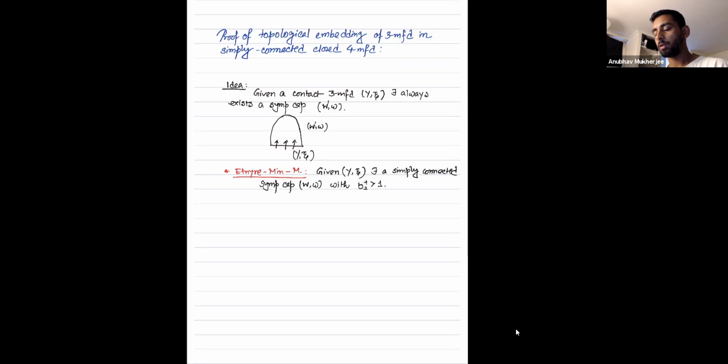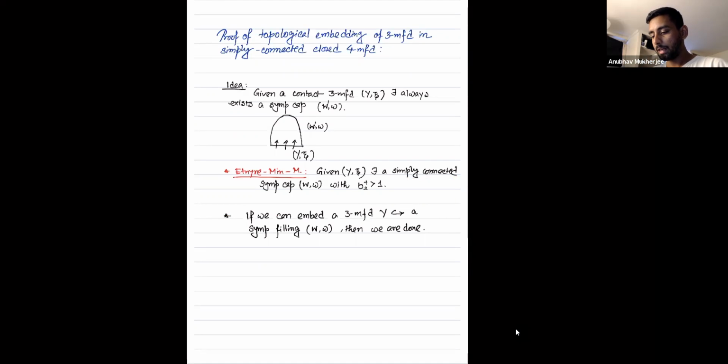In our construction, I am interested in constructing a simply connected 3-manifold. The existence of caps has been proven by many people, but we will use this particular result, proven recently by Etnyre, Min, and myself: given any contact 3-manifold, there always exists a simply connected symplectic cap with b2 plus bigger than 1. We'll use this particular cap for our construction because of the fact that it is simply connected.